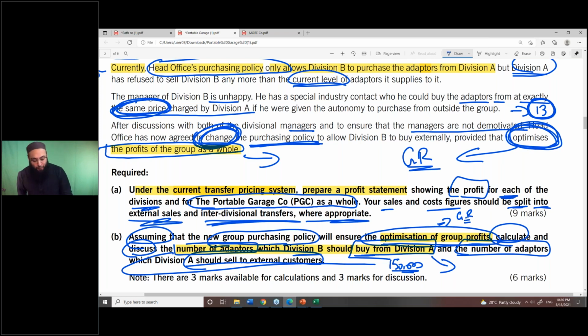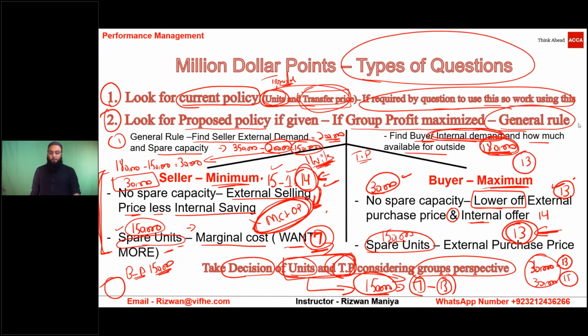And how many will A sell outside now? Come on, can you give me the answer? 30,000, the one that he was transferring, and the other 170,000, because in total it's 200,000, right? Remember? 200,000.